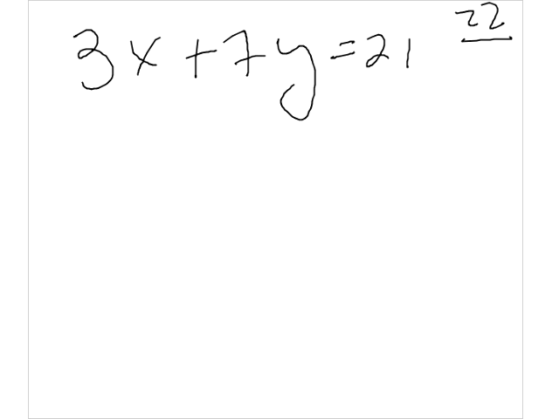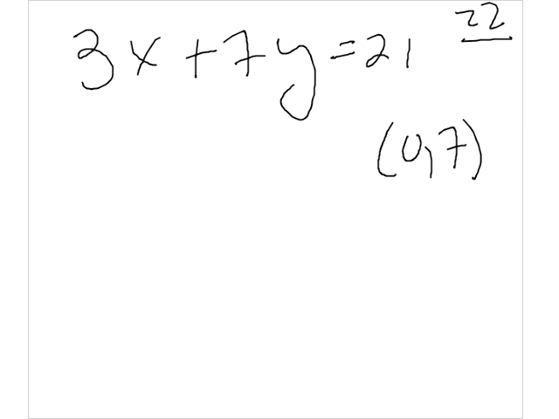Okay? And what they want to know is we're supposed to, for the example, tell which of the given ordered pairs are solutions.